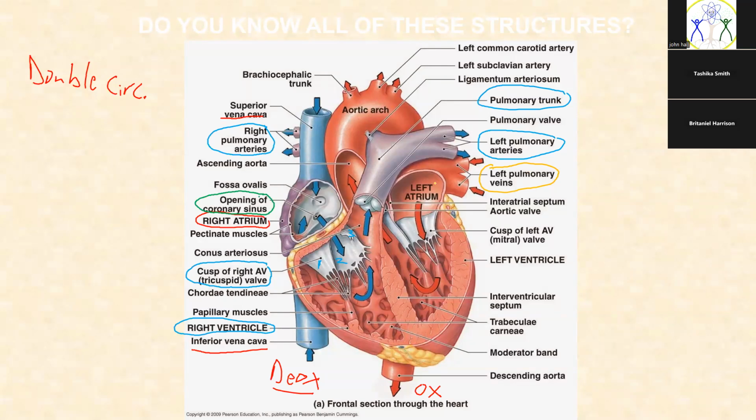So once the blood now coming from your lungs enters the left atrium via your pulmonary veins, the special ones, it gets pumped now into your left ventricle via another valve called the bicuspid valve, also known, of course, as your mitral valve.